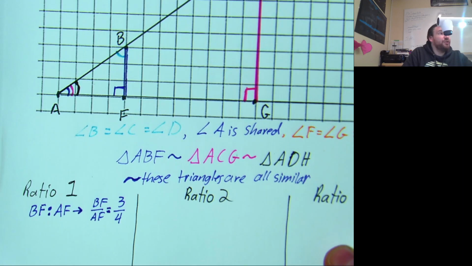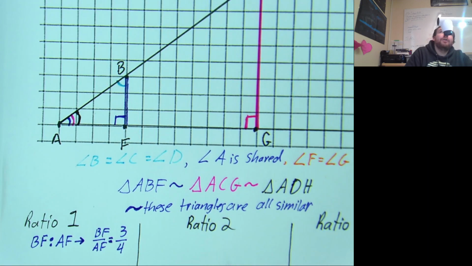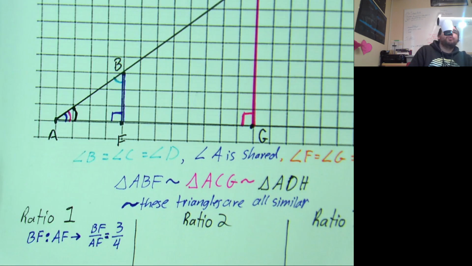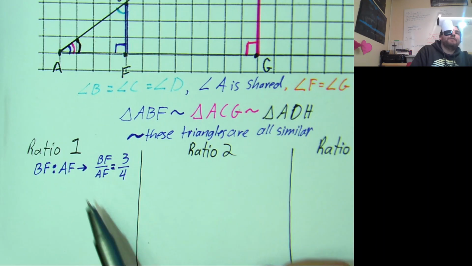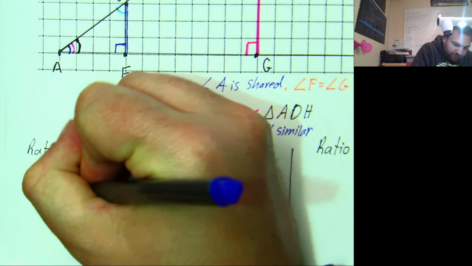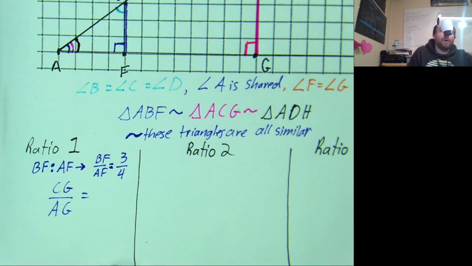Let's look at, we're going to do the same ratios in the two larger triangles here. So side BF relates to what side in the pink triangle? CG. This guy here, right? So we've got BF over AF is 3 over 4. So we're going to look here now at CG over AG is what?